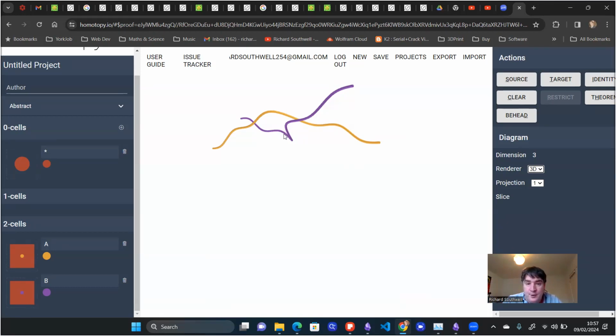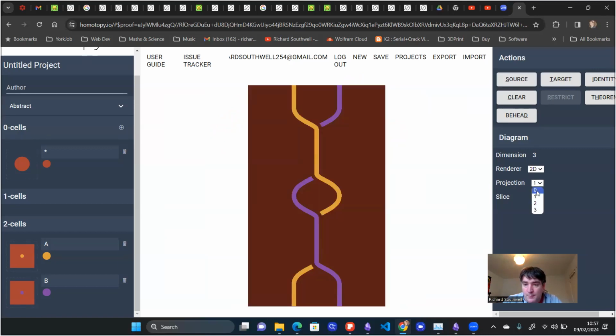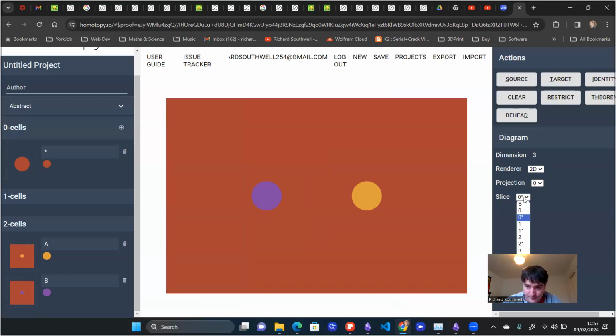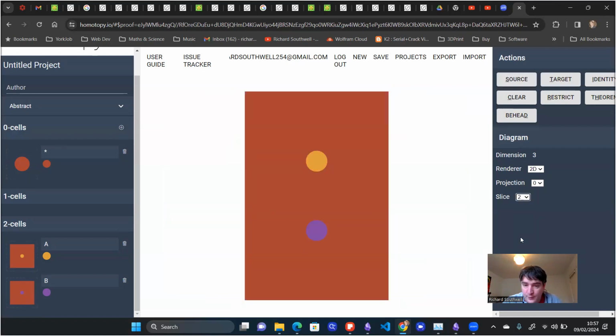But just to understand this picture a bit better, if we go back to 2D and we don't project, then we'll look at this slice by slice. This is the front slice. Then as I move forward slice by slice, you'll see these particles twisting around each other like this.